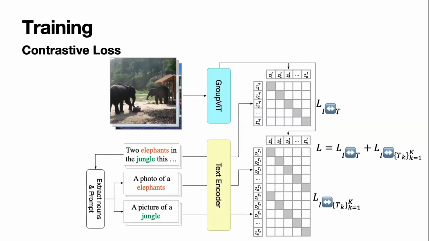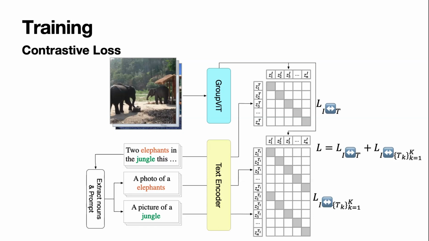And in order to learn these groups, I won't go into too much mathematical detail, but the basic high level idea was that, normally when you train the CLIP model with text, you take the entire caption and you embed it into a text space, and you compute a contrastive loss.